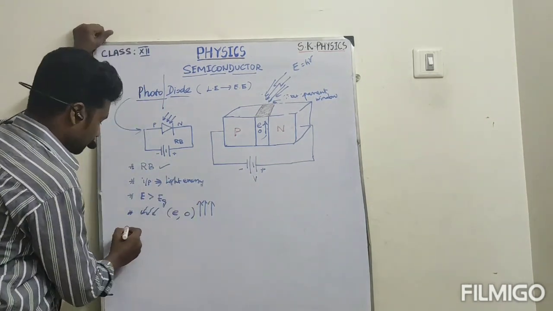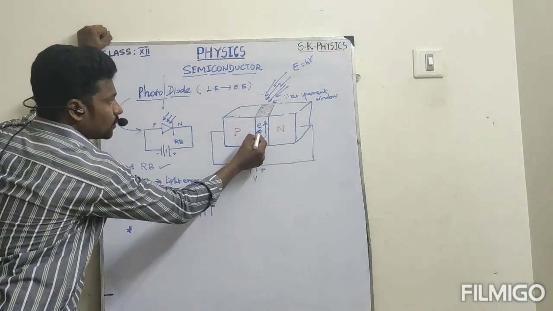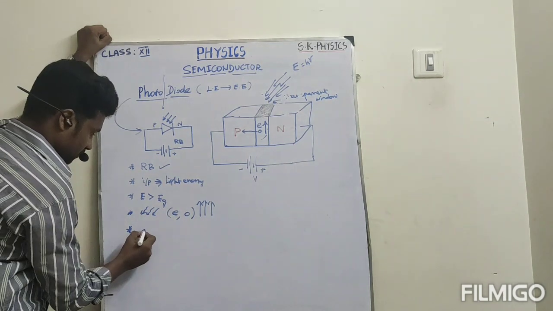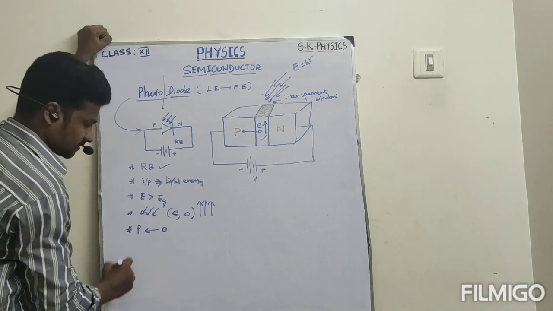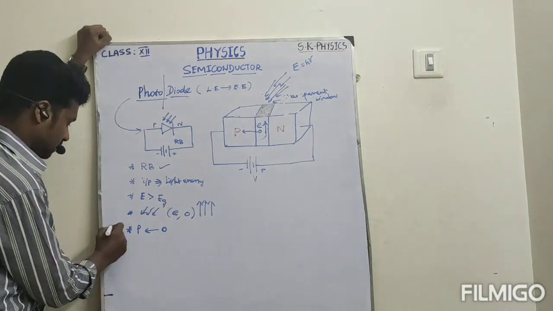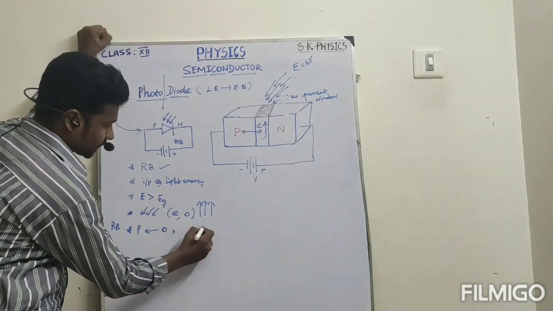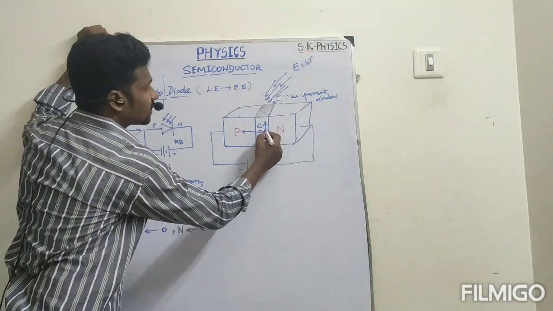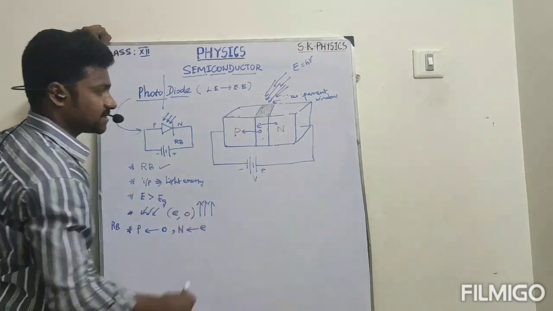Due to the separation by this battery, the holes move to the P region due to reverse bias. At the same time, the electrons move to the N region.